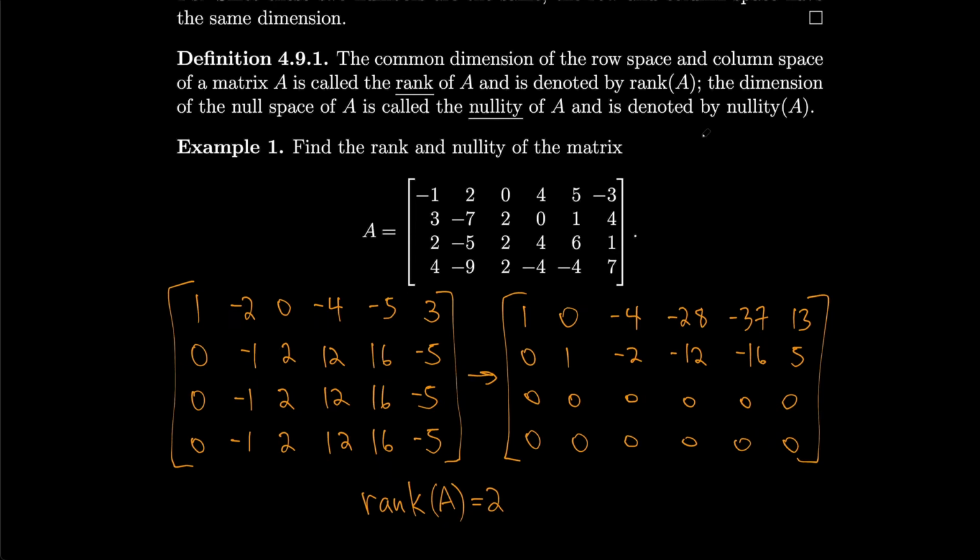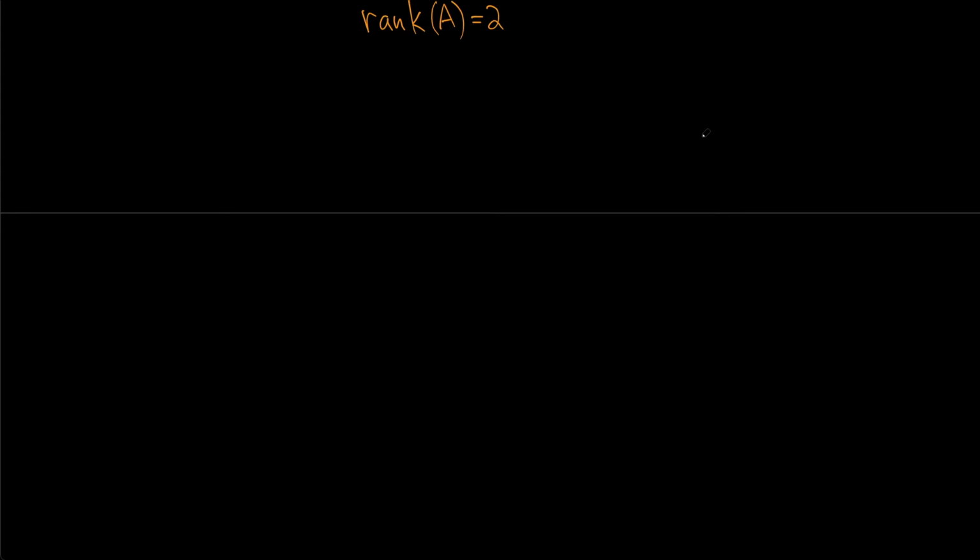Next, to find the nullity, we need to solve the equation AX equals 0. So we should write A with an extra column of zeros.